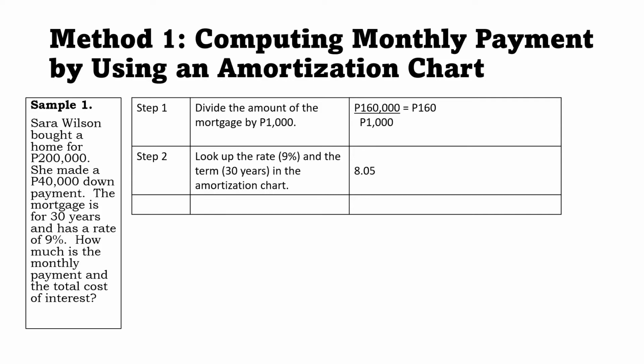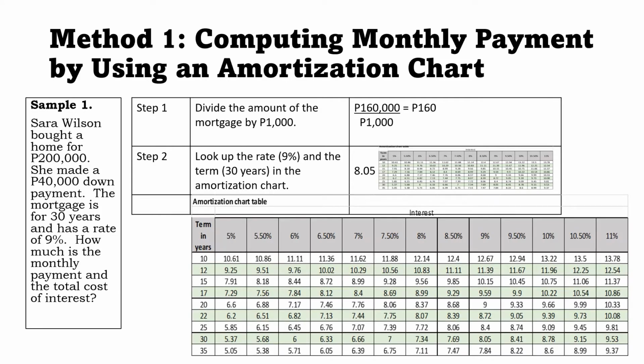Please look at your module, on the last part. Look for the 9% and the 30 years. So that is 8.05.